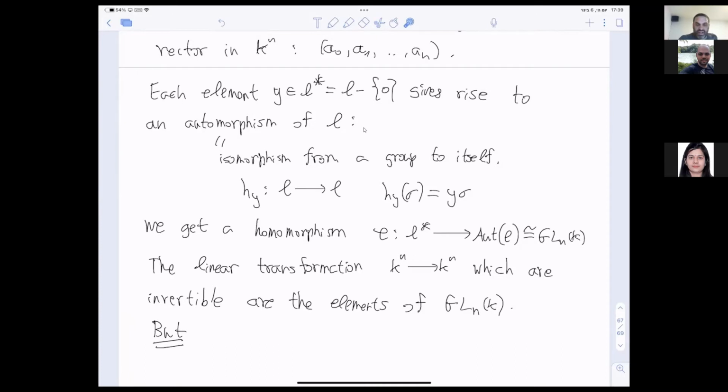I mean, it's just a little subgroup inside here.